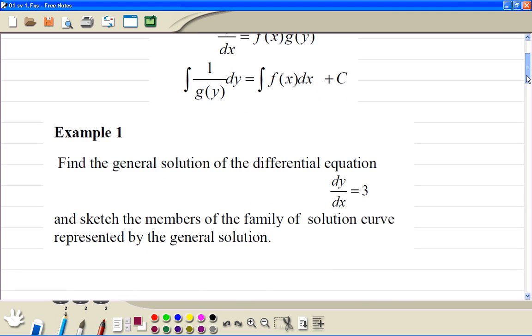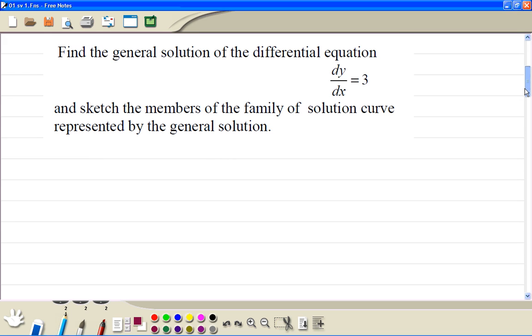So let's do example 1. Our differential equation is dy/dx is equal to 3. In this case, the function of x and the function of y are very simple ones. If we just multiply both sides by dx, we get dy is equal to 3 dx.